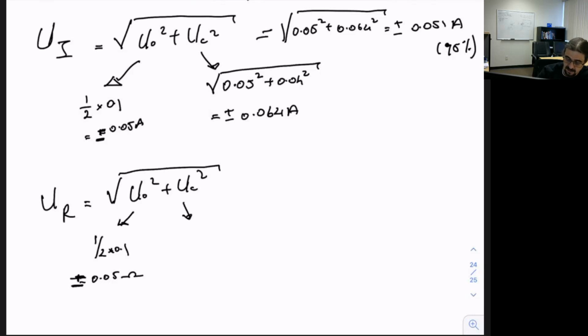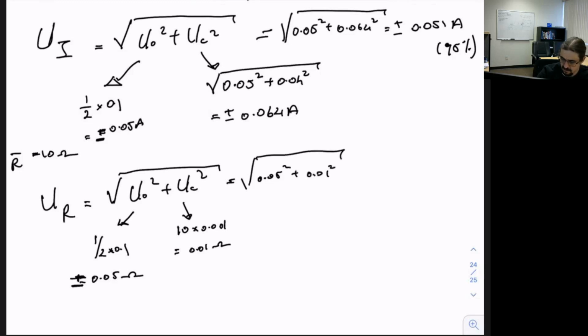Remember that the R measured value was 10 ohms, so 0.1% of that is 0.001 times 10, which gives me 0.01 ohms. Okay, so let's put them together. That's going to be the square root of 0.05 squared plus 0.01 squared, and that's going to be plus or minus 0.051 ohms at 95 percentile.